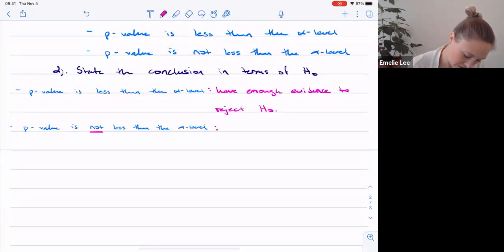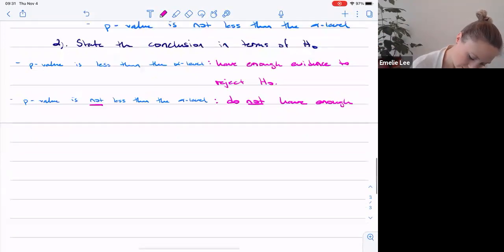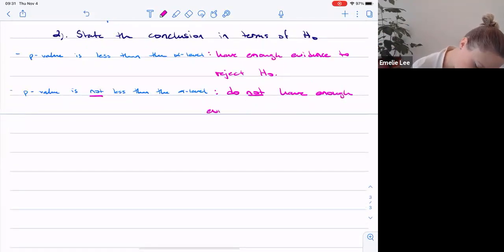Okay, so if it's not less than the alpha level, you do not have enough evidence to reject H naught.